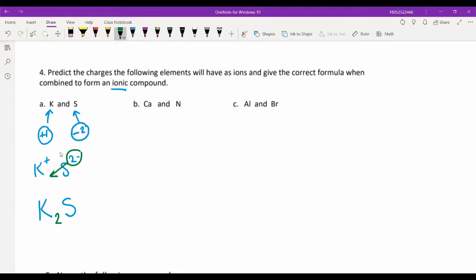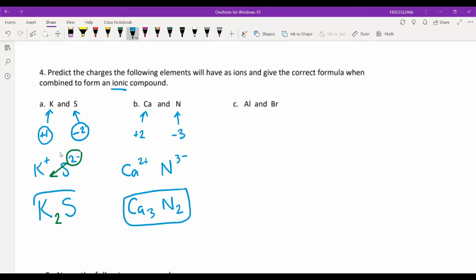Okay, so for calcium and nitrogen, again, find the correct columns. We have +2 for calcium, -3 for nitrogen. So again, if we write these here, if the charges don't match, you can cross them, so you should end up with this.